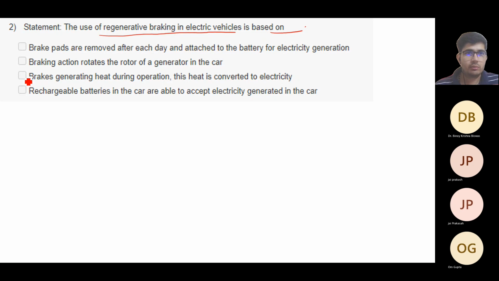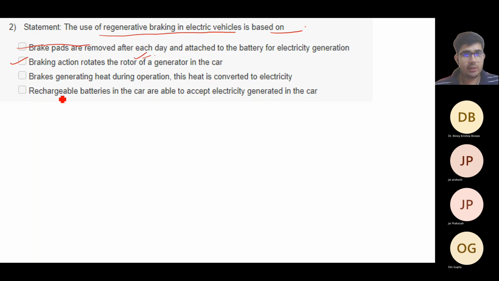So this is wrong. The second option: the braking action rotates the rotor of a generator in the car. Yes, because when you are applying the brake, there are some gears we have seen, and those gears are connected to a generator that can generate electricity. So yes, this option is correct.